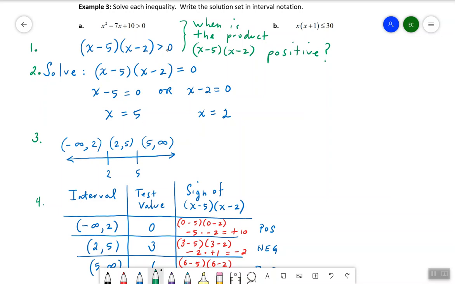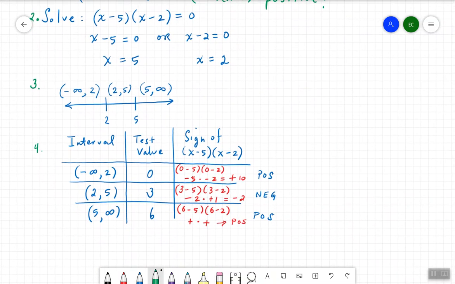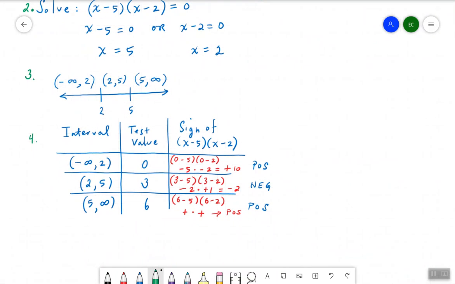Because that's what greater than 0 means. Greater than 0 means positive. And so the answers are these two intervals, this interval right here that made the sign positive, and this interval right here that made the sign positive.